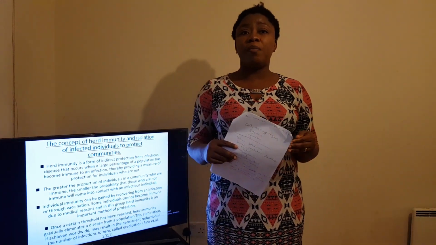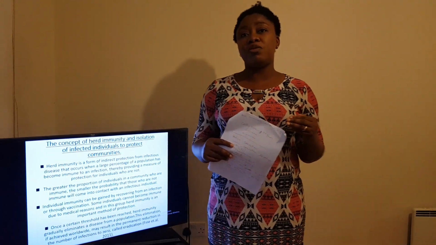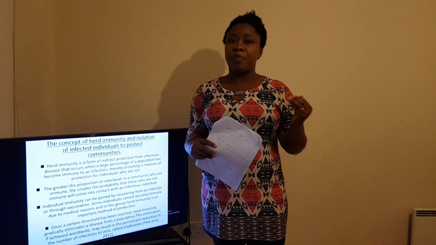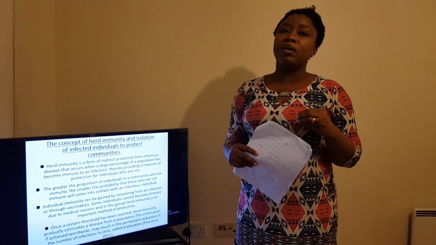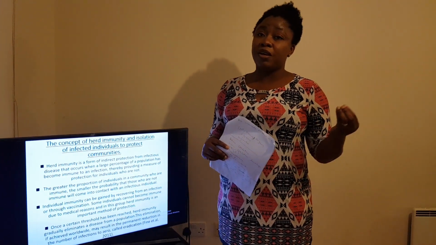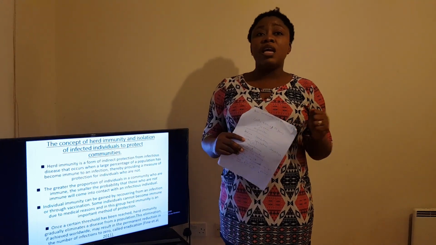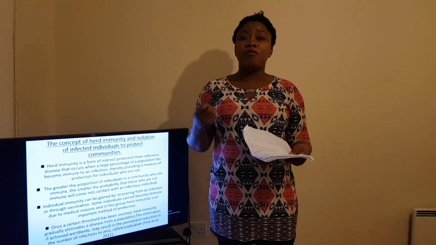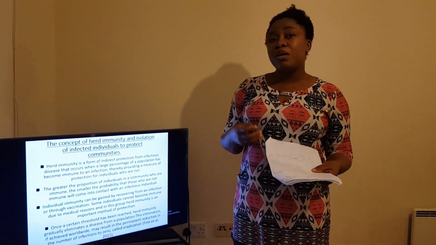The greater the proportion of individuals in a community who are immune, the smaller the probability that those who are not immune will come into contact with an infectious individual in the first place. Individual immunity can be gained by recovering from an infection or through vaccination.